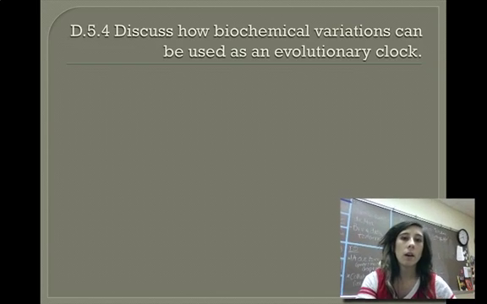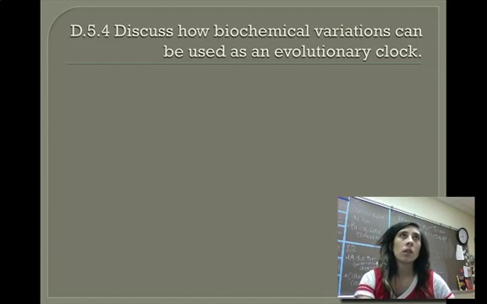Now moving on, we want to discuss how biochemical variations can actually be used as kind of a timeline. Not necessarily like a clock on the wall, but we can use it to have a better estimate, a better hypothesis of evolution and phylogeny.